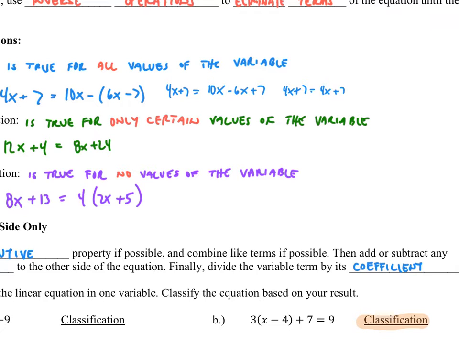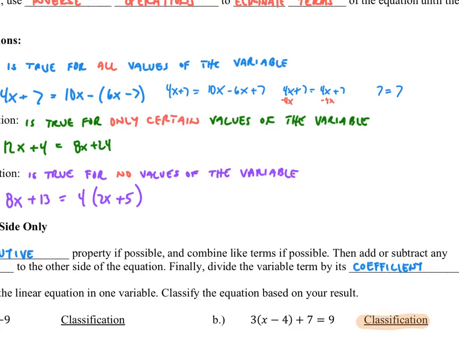And so the idea, as we move to solving, if I wanted to get rid of the x's, get the x's all on one side, well, I'd subtract 4x's. And I know to subtract because that's a positive 4x, right? There's our inverse operation. And so those would cancel on the left side, and you'd be left with 7. On the right side, it'd be left with 7. Again, those two sides are identical.